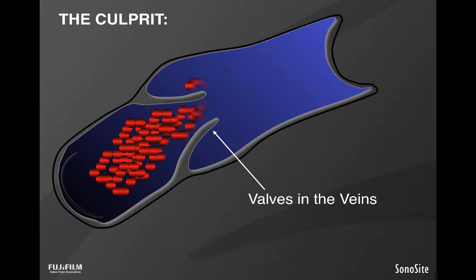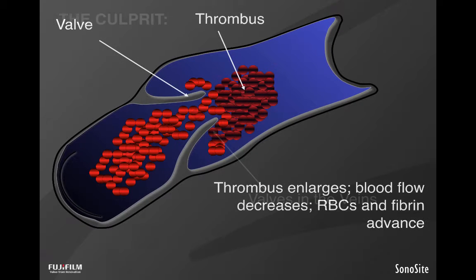So here we go. The culprit. Blood flow through the veins, and the valves create a little bit of turbulence. In our sick patients with a little stasis or hypercoagulability, from Virchow's triad, this is largely where thrombus originates. With some form of injury as well as stasis and hypercoagulability, you're starting to deal with the problem of thrombus.